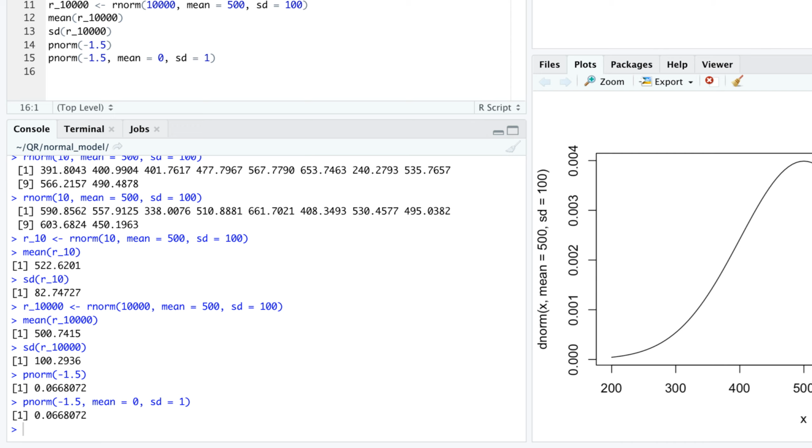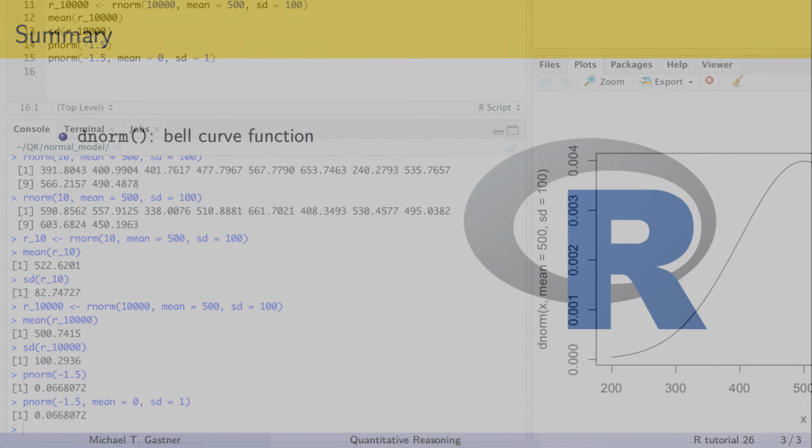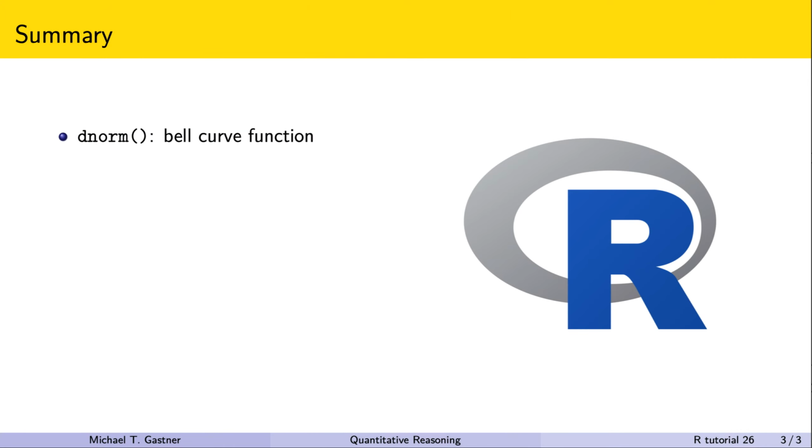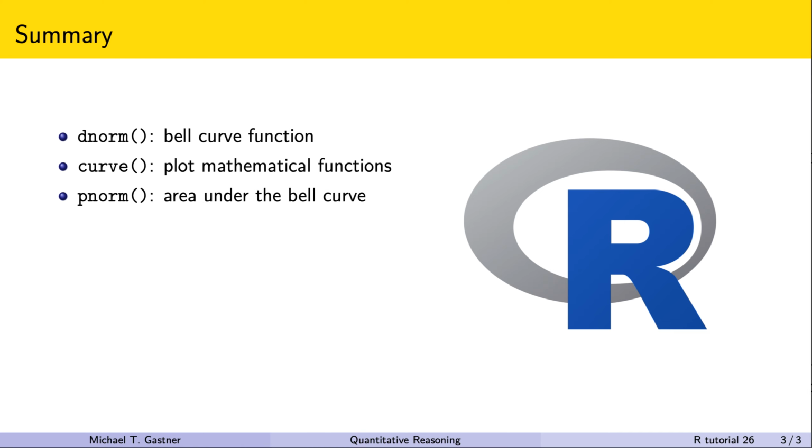Let's summarize what we learned in this tutorial. The R function dnorm implements the mathematical bell curve function that characterizes the probability density of a normal model. For a given x value, dnorm returns the y value on the bell curve. We can plot mathematical functions, for example the bell curve of a normal model, with the R function curve. We compute the area under the bell curve to the left of a given x value with pnorm.